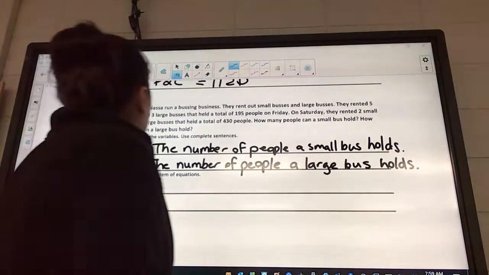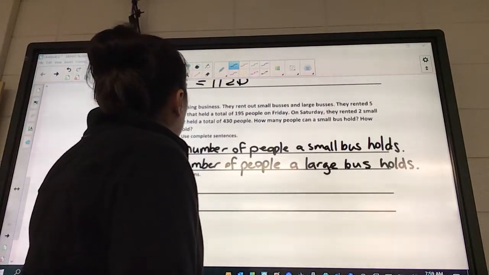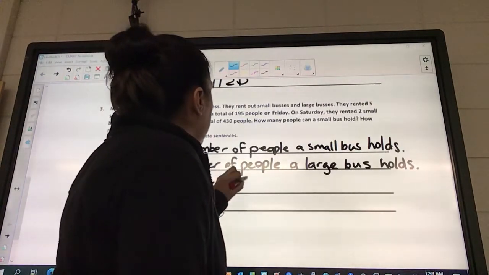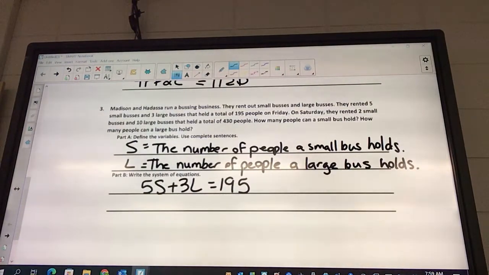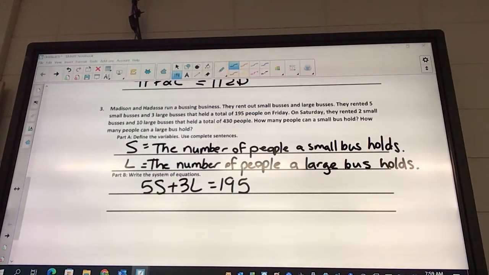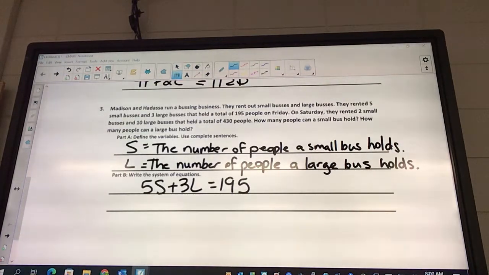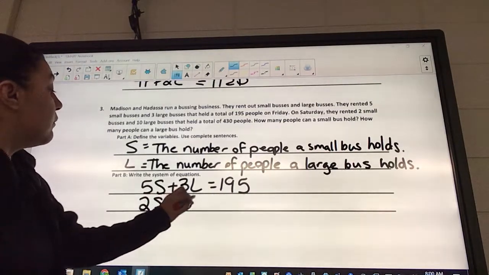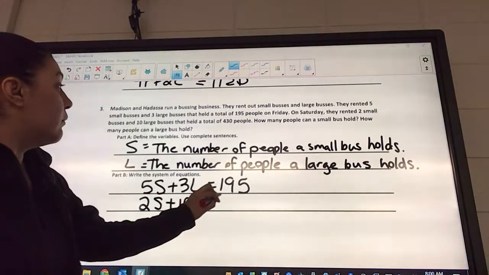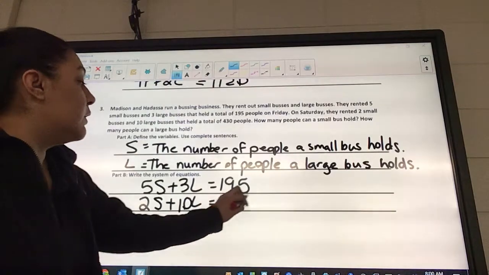So we got 5S plus 3L equals 195. That was Friday's. Now look at Saturday's. What should Saturday's equation be? Or 30, good.